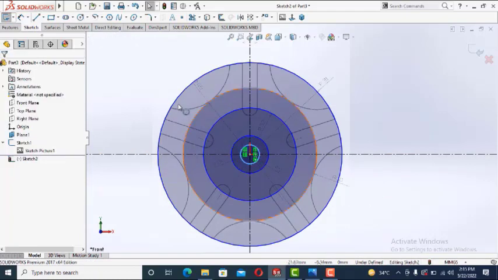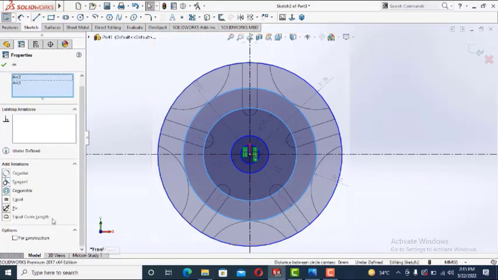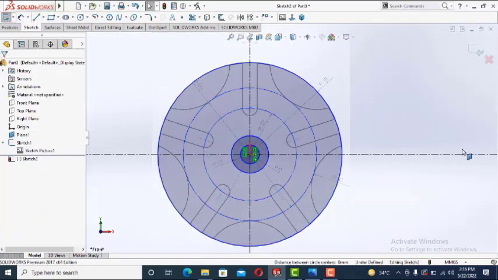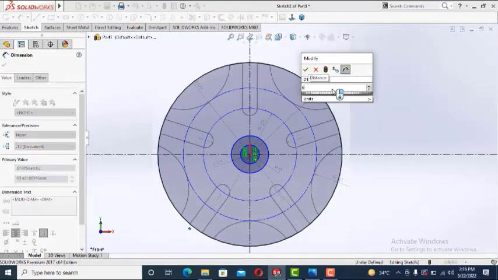Now you can see these 2 circles are for reference, so we will select both circles and make them for construction. These are not the part of the drawing, only for reference. So let's dimension the circles. The radius of this circle is 31, so the dia will be 62.